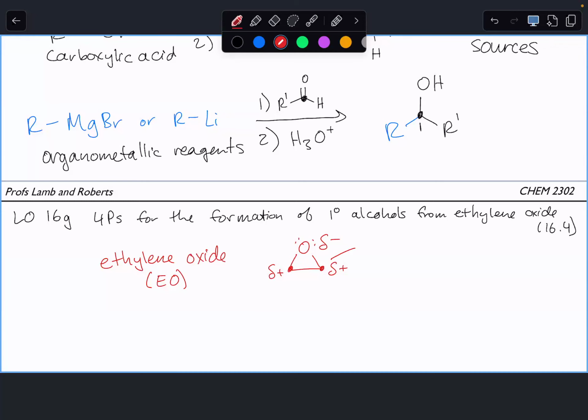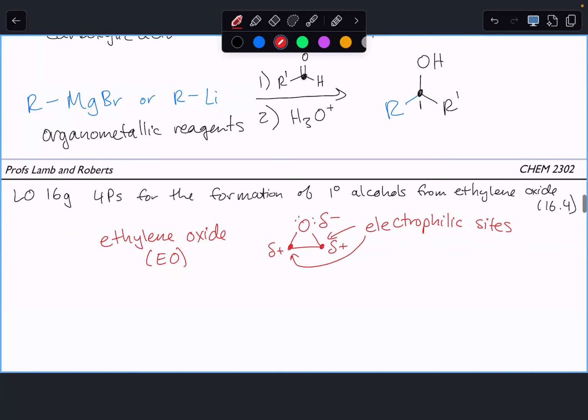Both of these carbons, this one and this one, are both electrophilic sites. So we can swap them in as an electrophile for various reactions. The other thing that's special about epoxides is that the three-membered ring gives it a lot of strain.